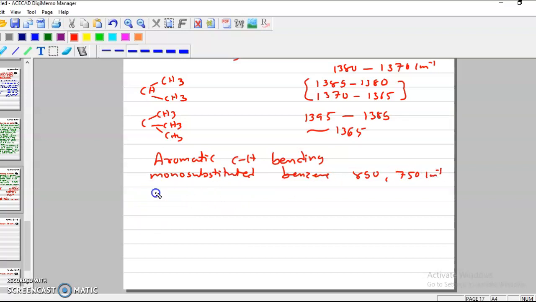In case of 1,2 disubstituted benzene, we will observe a bend at 755. In case of 1,3 disubstituted benzene, the band at 780, and in case of 1,4 disubstituted benzene, we will observe it at 810 centimeter inverse.